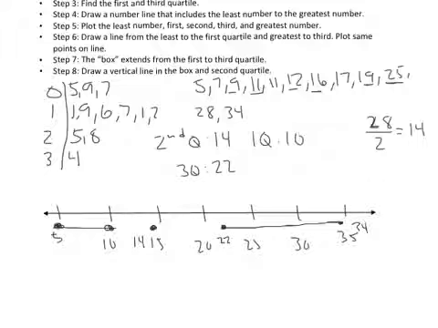Once we draw the lines from the least to the first and from the greatest to the third quartile, I'm going to create a box. My box extends from my first quartile all the way to my third. Draw a nice big box. That's my quartile box, is what I like to call it.